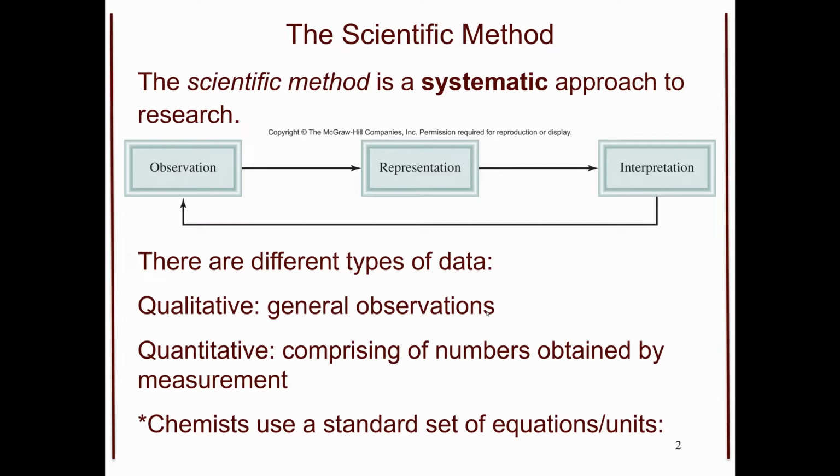The reason that quantitative data is so important for us is that we use a standard set of equations and units. We want all of our data to be universally understood and accepted by anyone who is willing to do that work. If we use different equations, there's going to be a loss in translation, and we don't want that. So throughout this course, when we use equations, we are going to use the commonly accepted equations for many of the studies that we are going to do.